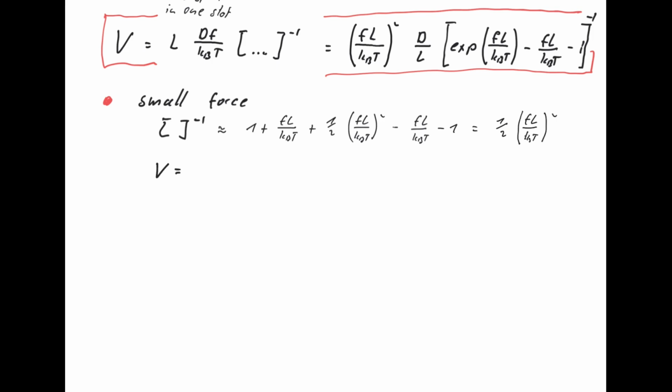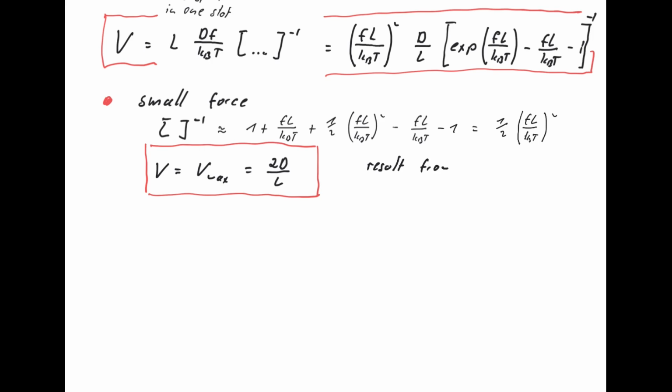Now, using this approximation, what we find is that the v, in that case, the maximum speed, is equal to 2D divided by L. Hence, what we obtain back is our solution for the free diffusion behavior that we considered right in the beginning.